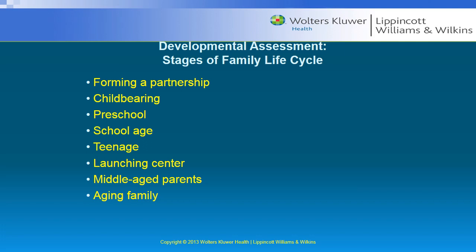This stage may require also some anticipatory guidance as the child moves through developmental landmarks. The nurse might provide information to enhance the knowledge base necessary for new role responsibilities. The teenage stage is where the oldest child is 13 to 20 years of age. During this stage, freedom is balanced with responsibility as teens mature and emancipate.